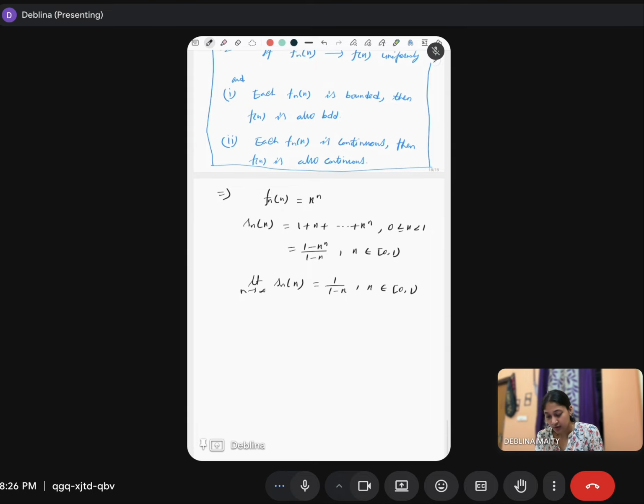So this means it converges to 1 by 1 minus x pointwise, right? So this sequence S_n(x) converges to 1 by 1 minus x on [0,1) pointwise.